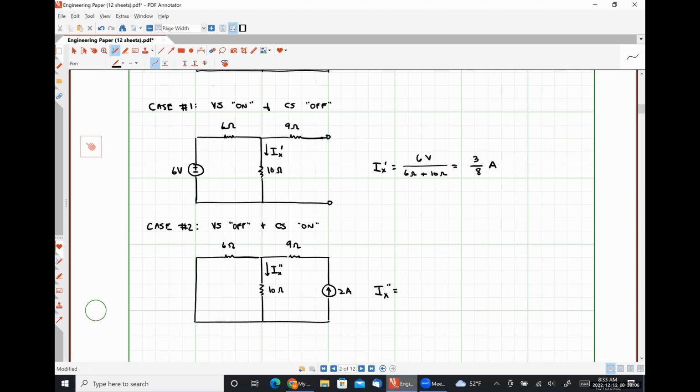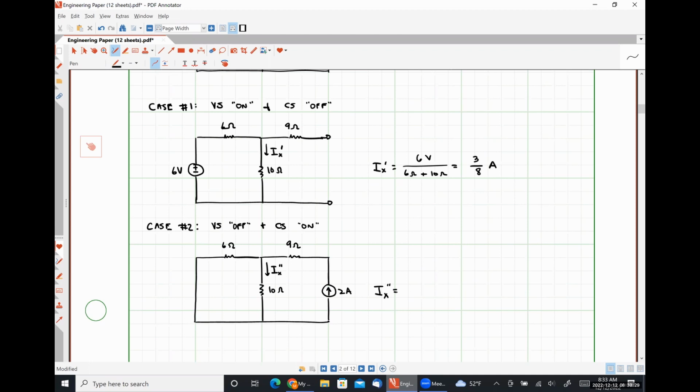How can I find Ix double prime? Current division, absolutely. If you didn't suggest that, that's what I was going to tell you to do in a moment.